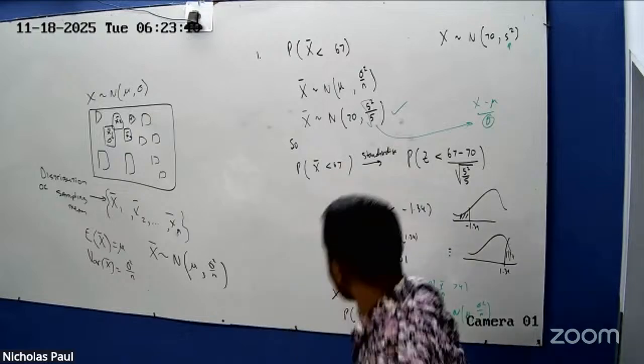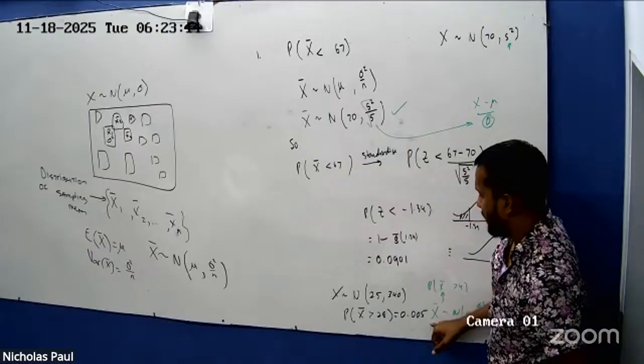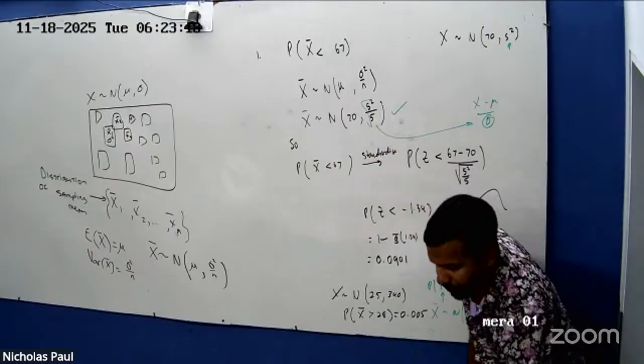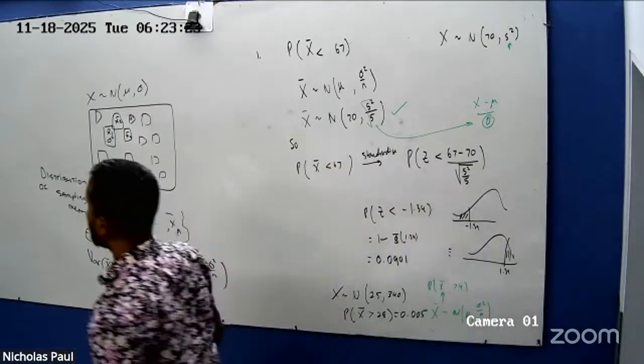Take your time, right? What's different now is that I gave you the probability, but I didn't give you n, right? So you kind of work backwards and find n.